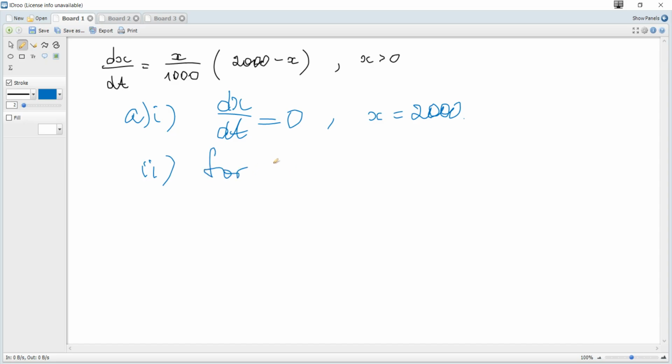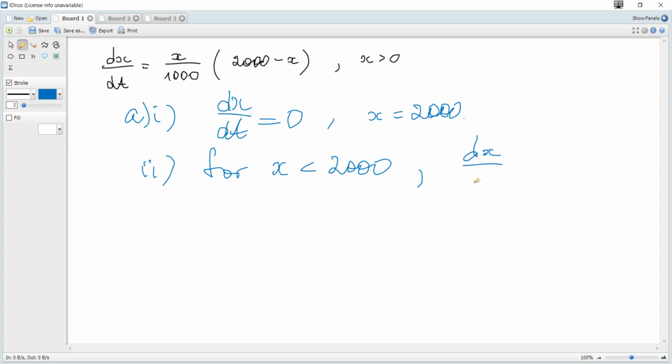So for x less than 2000, we remember that a function is increasing when the derivative is greater than 0, and the function is decreasing when the derivative is less than 0. So we should just consider the derivative and show that it's positive for these values of x.